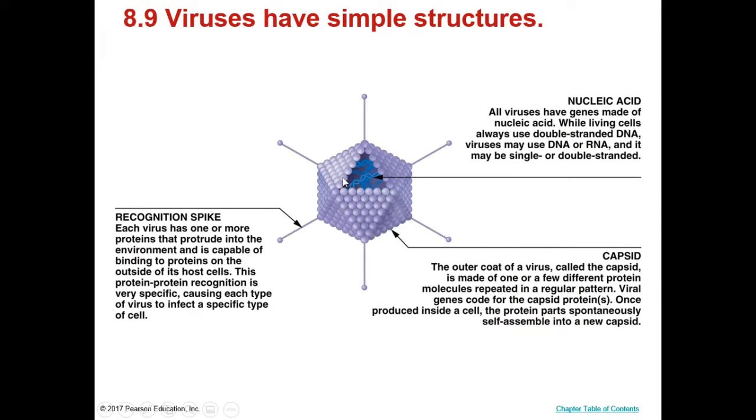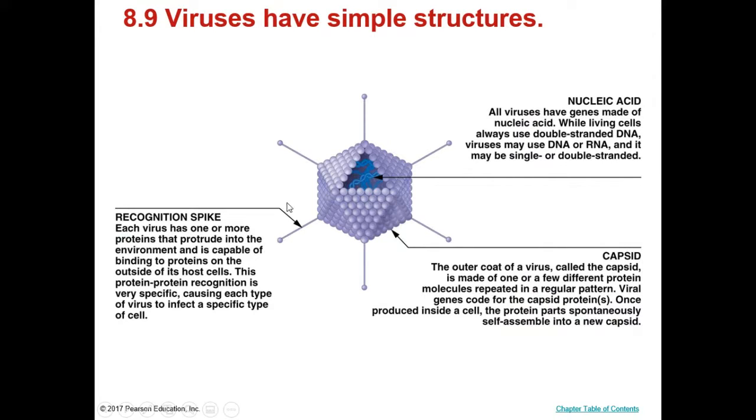So these little units here are capsomere proteins, which, if placed in the right shape, in the right way, make a capsid. And the capsid is a capsule which protects the genetic material. So the nucleic acid is inside, and I'm saying nucleic acid because it can be either DNA or RNA.